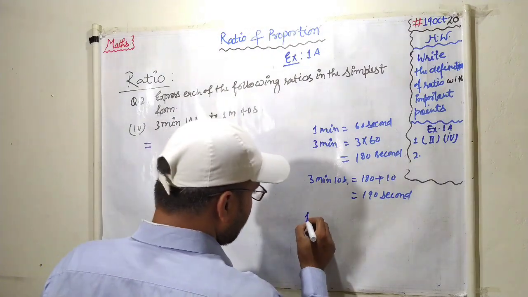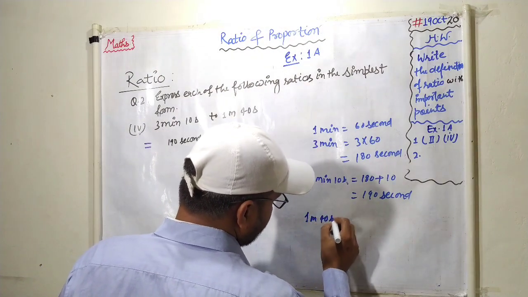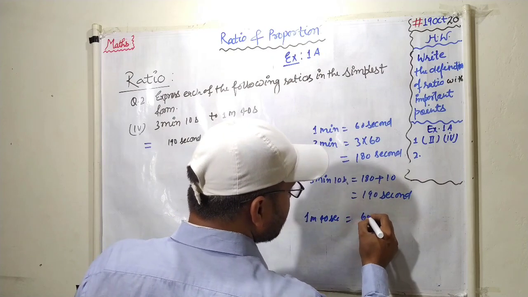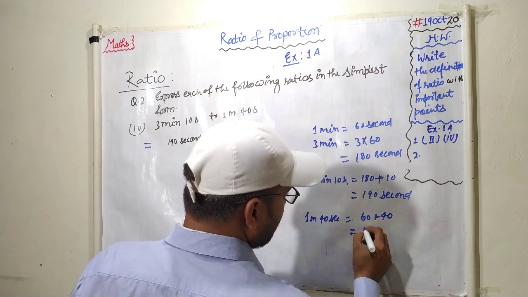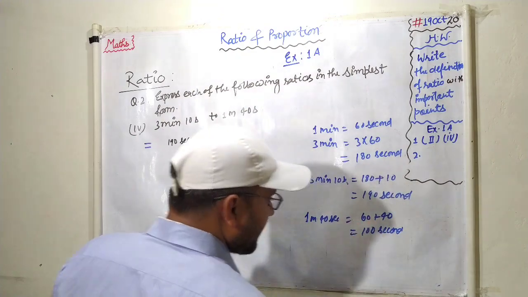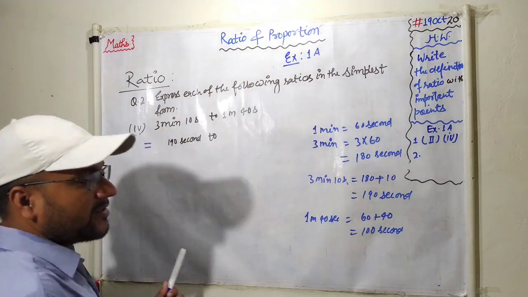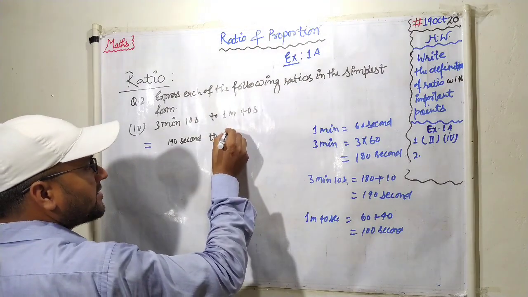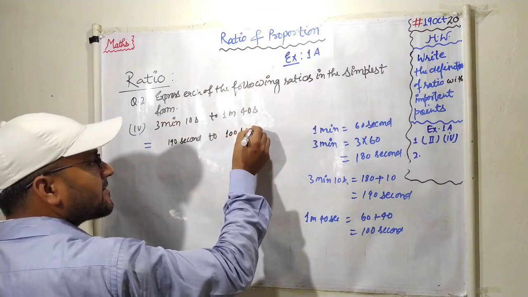So you know that 1 minute is 60 plus 40. You will get 100 seconds. 1 minute has 60 seconds and plus 40 seconds is already given there. So in place of this one you will write 100 seconds.